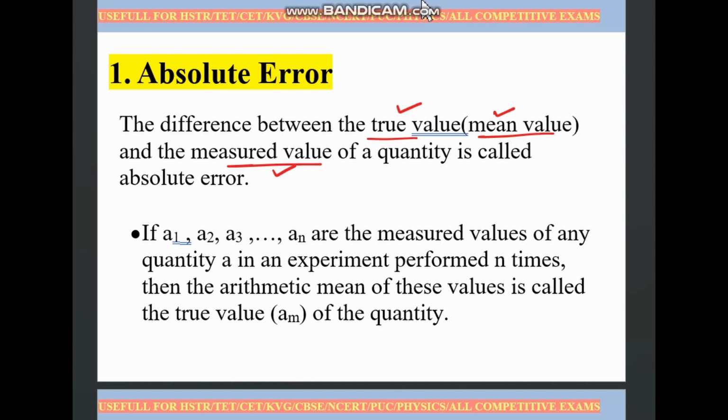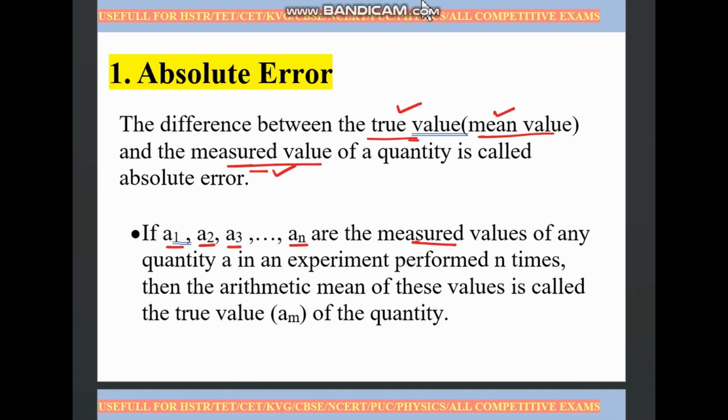Let's take one example. If A1, A2, A3 and so on up to An, meaning if 5 observations are taken, then it ends at A5. If you are taking 10 observations, then A10. Like that, the nth observation is An. These are the measured values. Just remember the difference between the measured value and the true value.